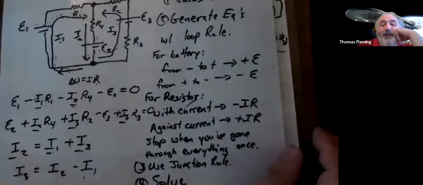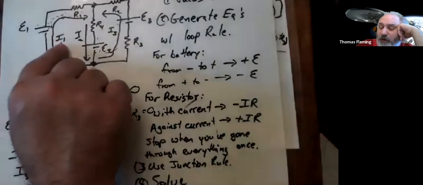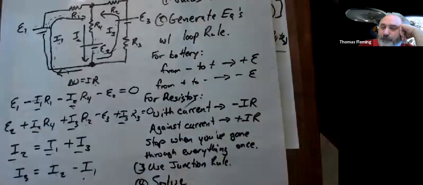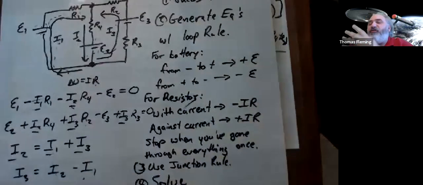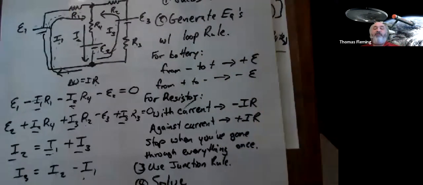Well, when I made these equations up, we made some guesses about the currents. And we guessed that the current was going around clockwise. If I solve the problem and I end up getting a positive answer for I1, that would tell me that my guess was correct. If you get a positive value for the current, it means that whatever direction you guessed in your first step, you had guessed correctly.